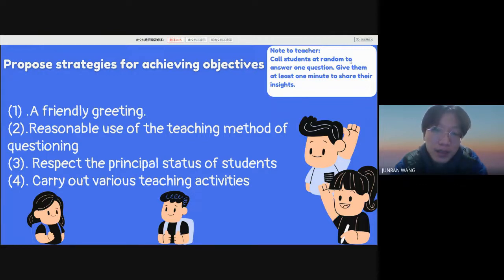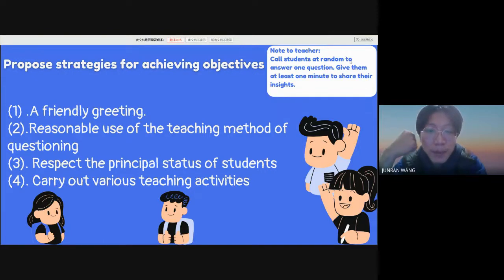And for the second, questioning is one of the most commonly used teaching methods in ESL class. Teachers choose reasonable questioning methods according to students' specific learning condition and characteristics.